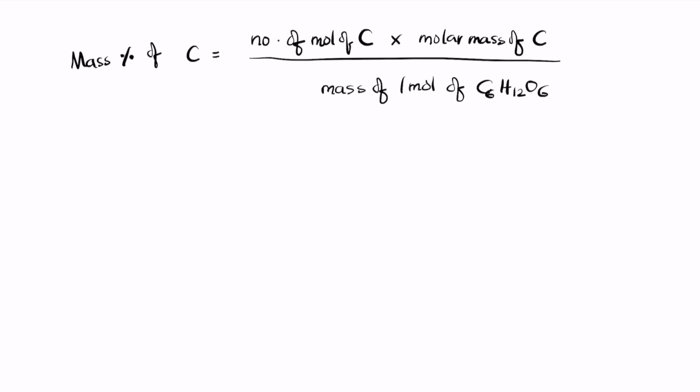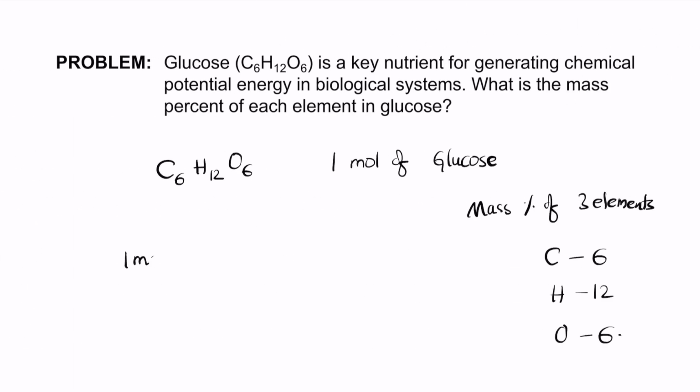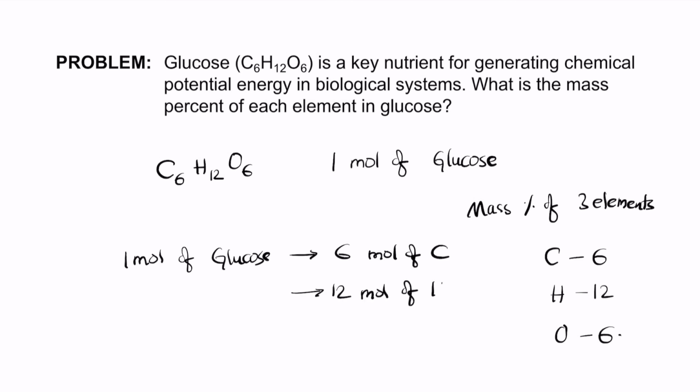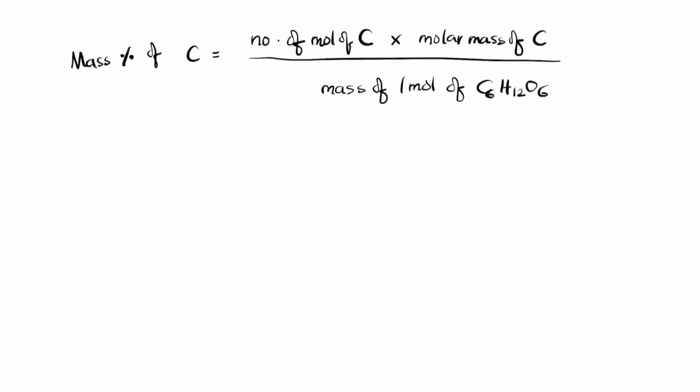So there are 3 things that we want to know. Notice that for 1 mole of glucose there are 6 moles of carbon, 12 moles of hydrogen and 6 moles of oxygen. These are the ratios that we are going to use in the formula. The other thing that we want to know is the mass of 1 mole of C6H12O6.